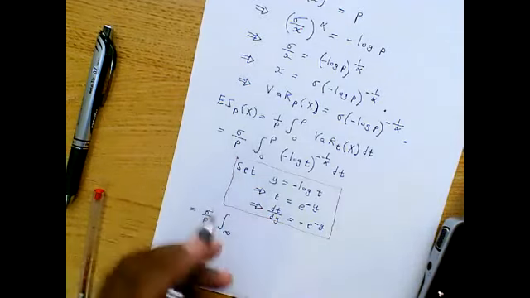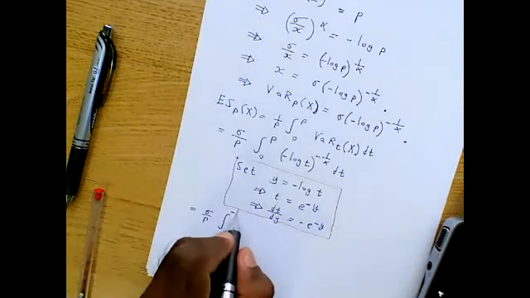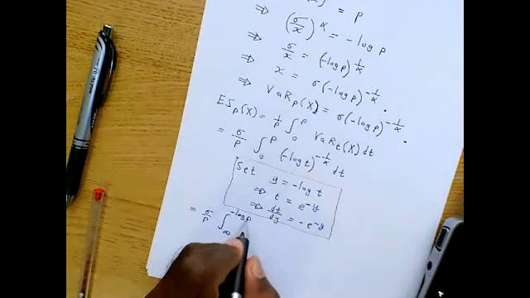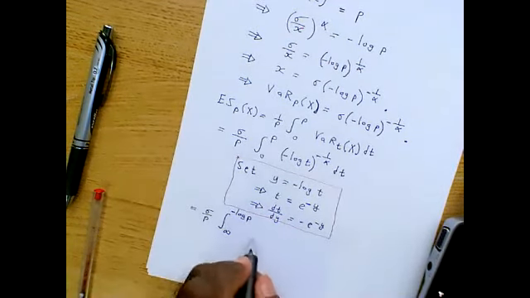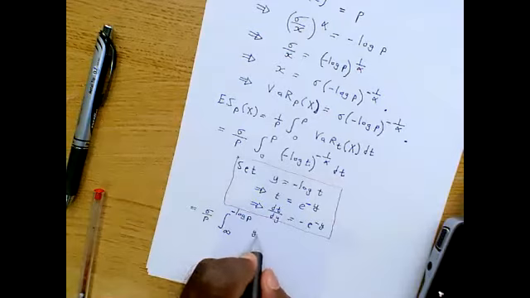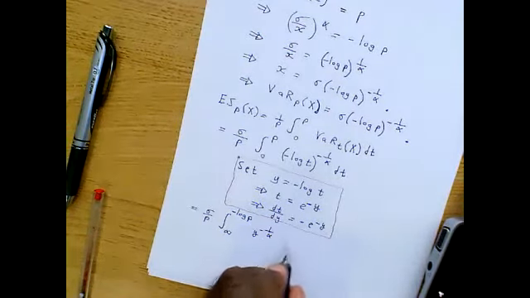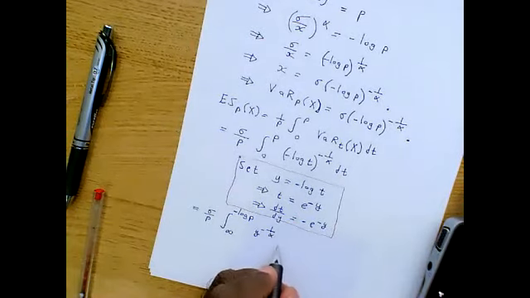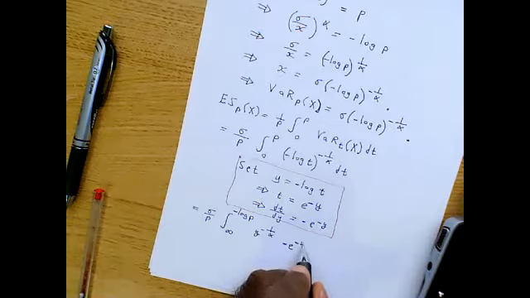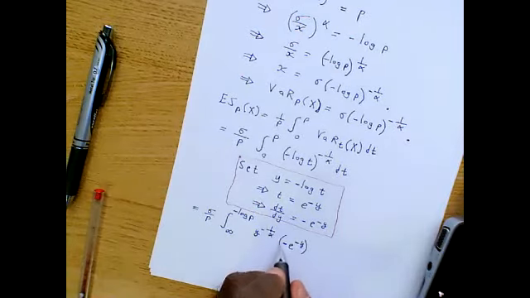And when t is p, y will be minus log of p, right? So inside you will get y, right? And dt by dy is minus e to the minus y dy.